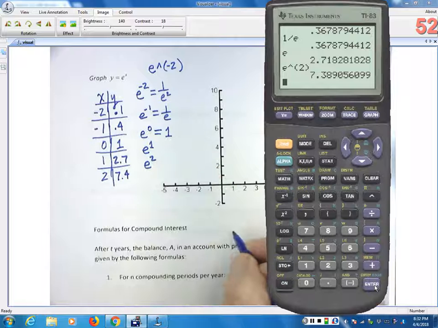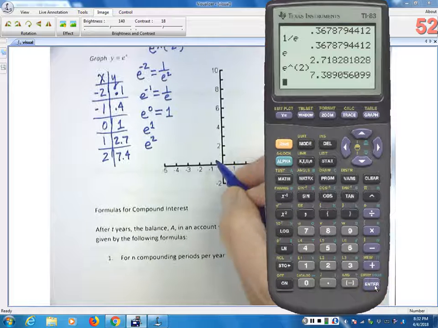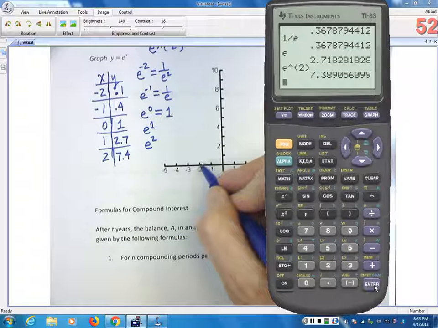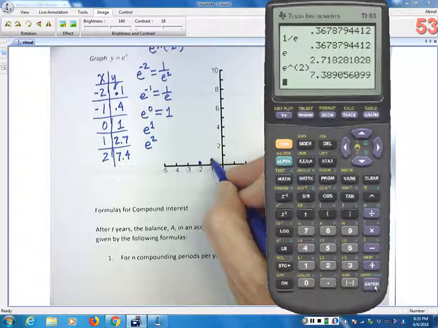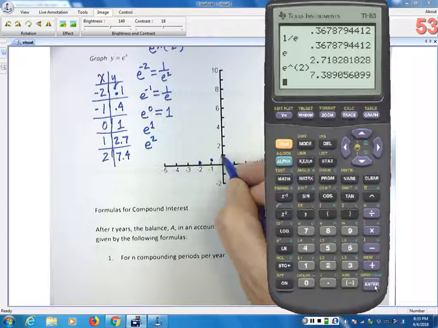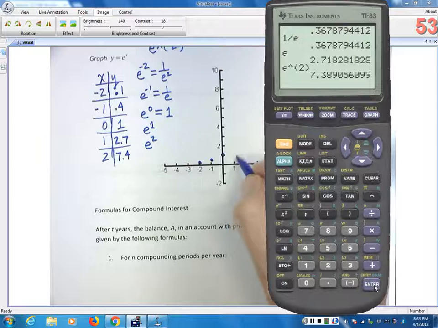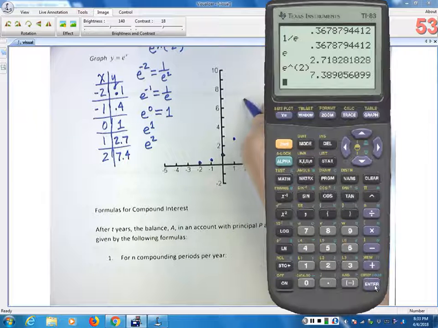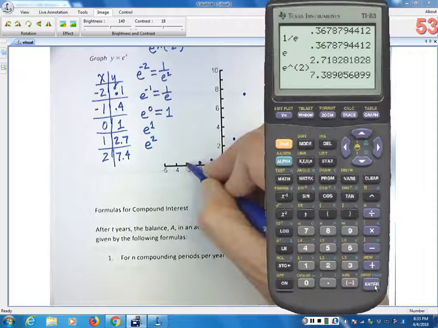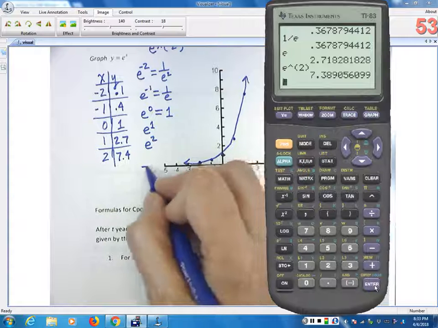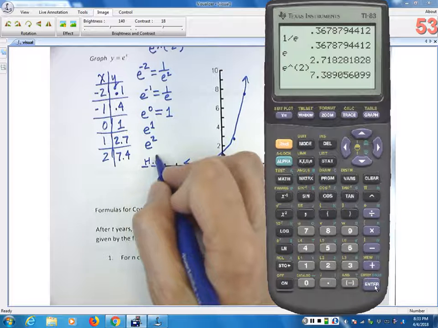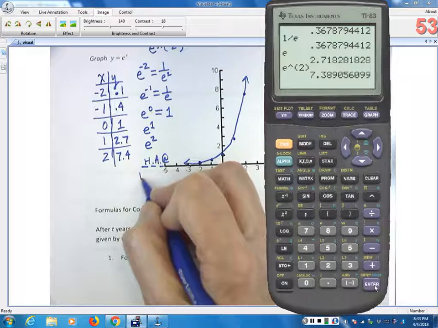So here it is: -2 and 0.1, -1 is 0.4, 0 and 1, 1 and 2.7, 2 and 7.4, and it has a horizontal asymptote at y equals 0.